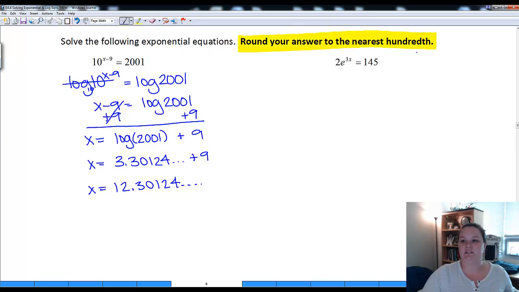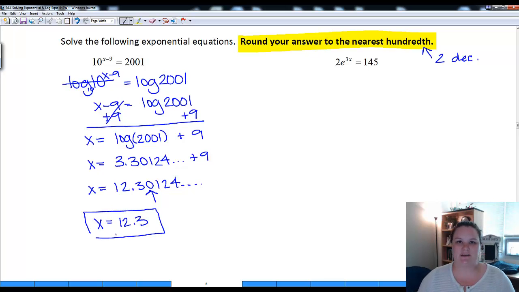When we talk about the nearest hundredth, that means 2 decimal places. So if I go to the second decimal place here, it's a 0. Notice there's a 1 behind it. The 1 behind it isn't going to bump it up. So I end up with x is equal to 12.3. Now, because this was an exponential, I don't have to check my answer. That's my solution and I'm good to go.